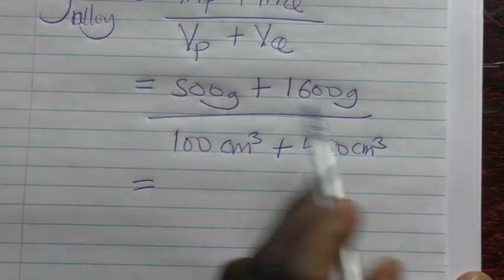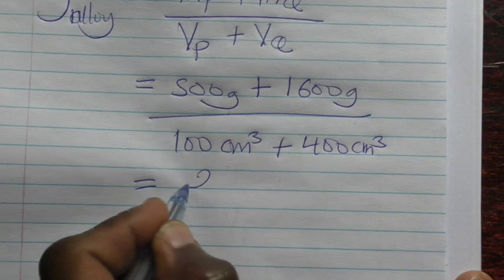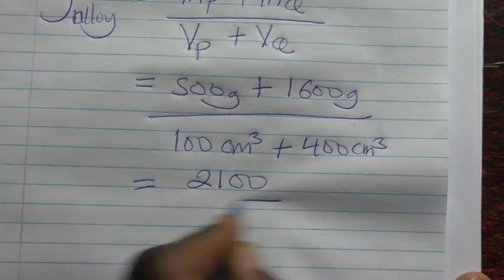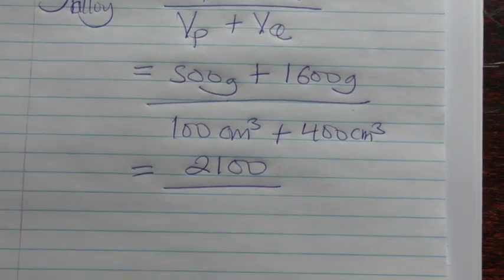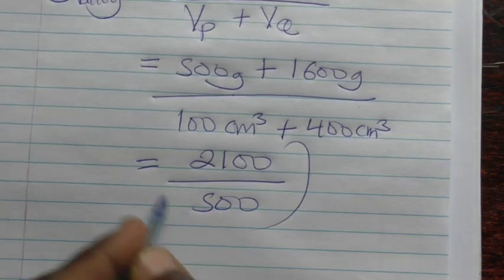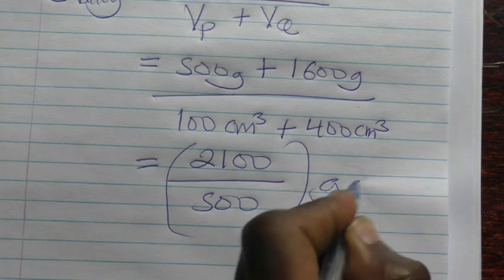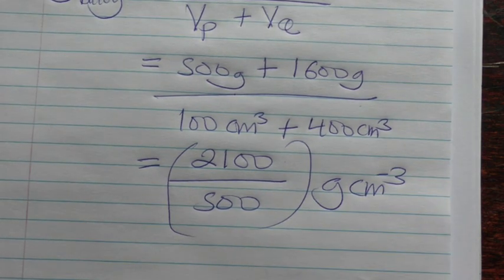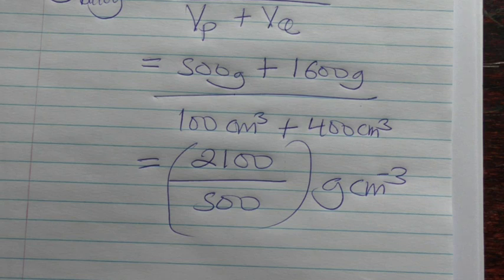So that gives us 2,100 over 400. This will be in grams per cubic centimeter. So we simplify that and come up with the density of the alloy. So that has been our third example.